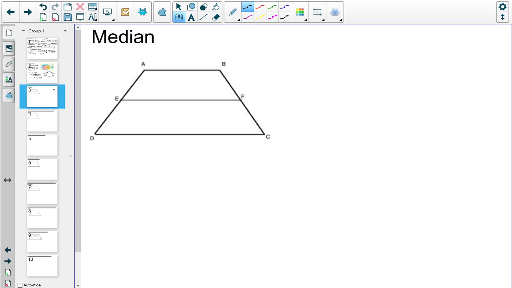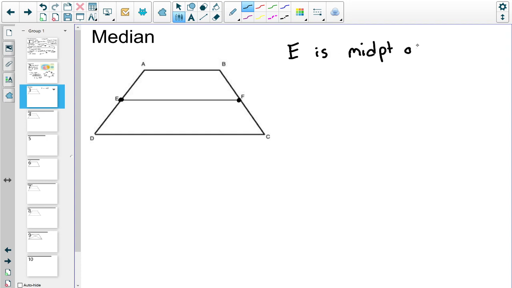Let's move on. So a trapezoid has this segment you'll see actually a lot, that connects the two midpoints of its legs. So E would be the midpoint of AD, and F would be the midpoint of CB.